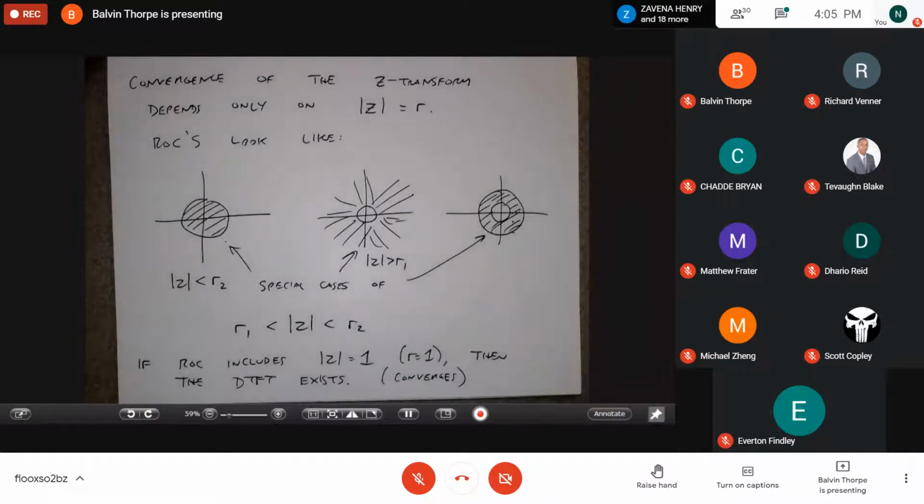And so this convergence of the DTFT has a special name, okay? That's called stability.